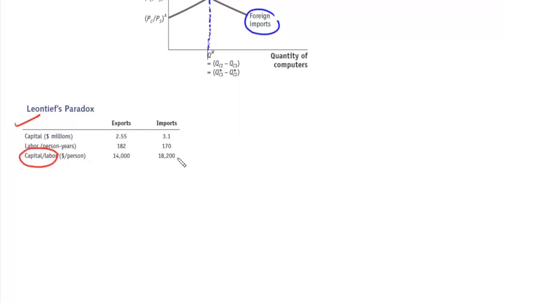As we can see, the capital to labor ratio for imports is higher than the capital to labor ratio for exports. He used the data for 1947, and at that time it was assumed that the US was abundant in capital as compared to the rest of the world. So from the Heckscher-Ohlin theorem, it was expected that the US would export more capital intensive goods and import more labor intensive goods.